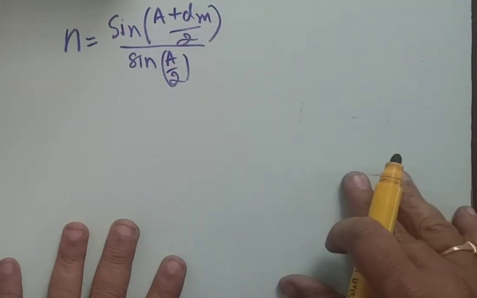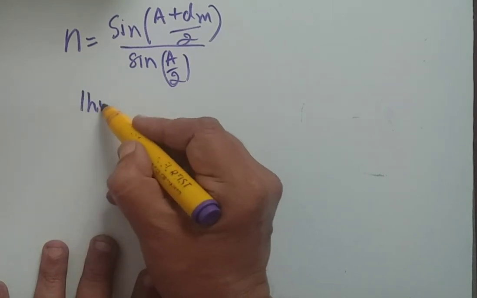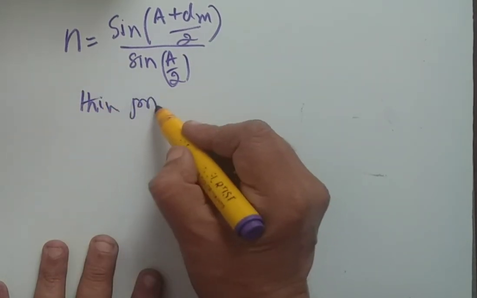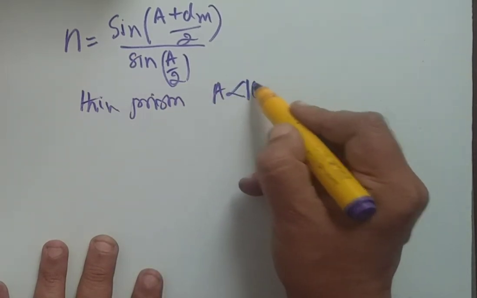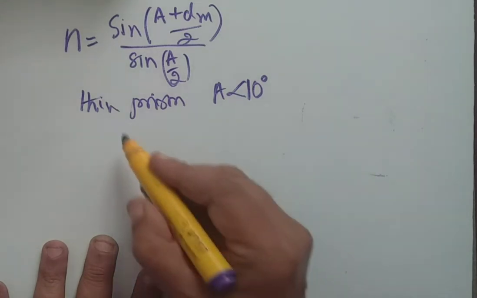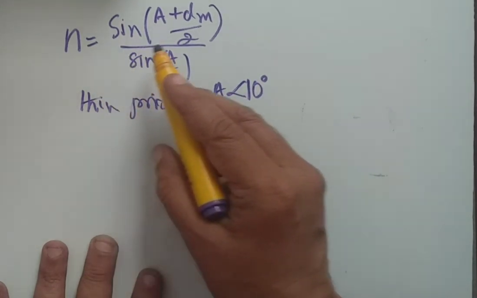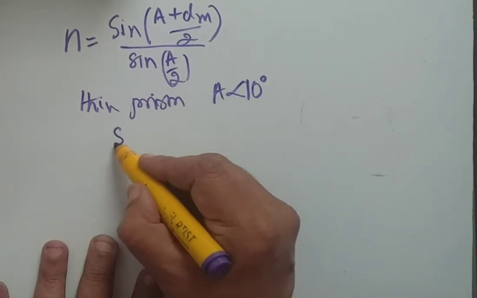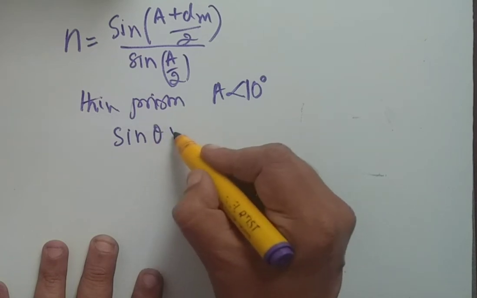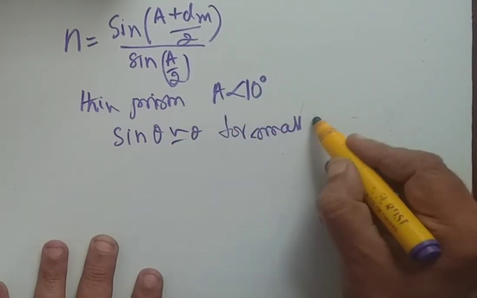But we know for thin prisms, a thin prism means whose angle A is less than 10 degrees. Therefore, in such cases, we can get n in a simplified manner. As we know from calculus, sin theta is approximately theta for small angles.